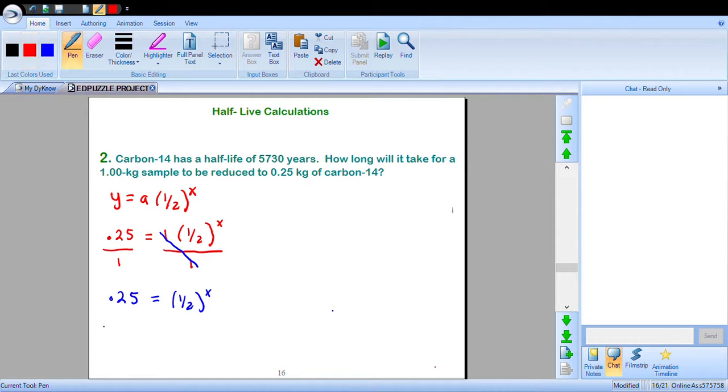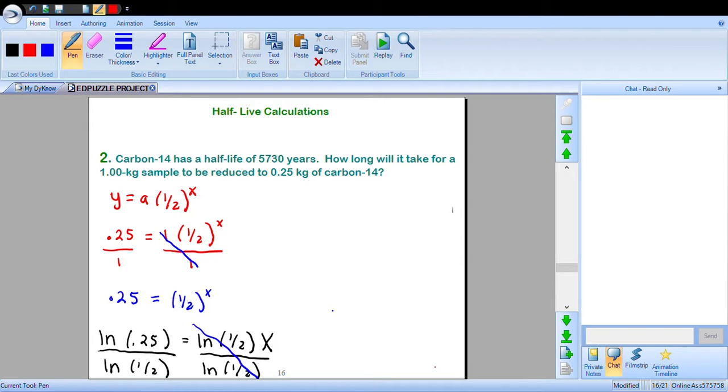In order to do that, we are going to do natural log of 0.25 equals natural log of 1/2 to the x, but the x is brought down now. To get this x alone, we are going to divide by natural log of 1/2, so we divide natural log of 0.25 by the natural log of 1/2.